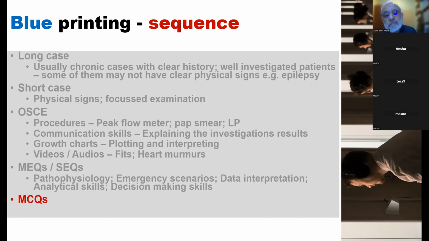So this is a gross method of sequencing, that if we are using these assessment methods, in this way we can spread out the different conditions and avoid unnecessary duplication.